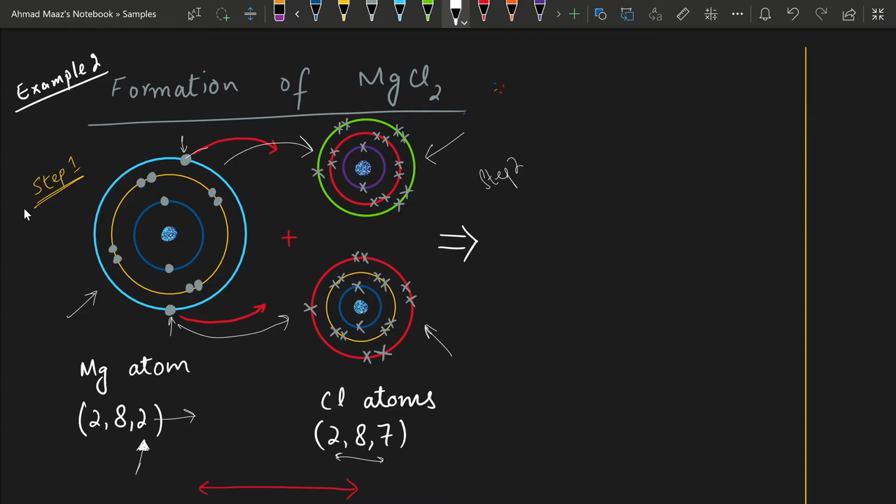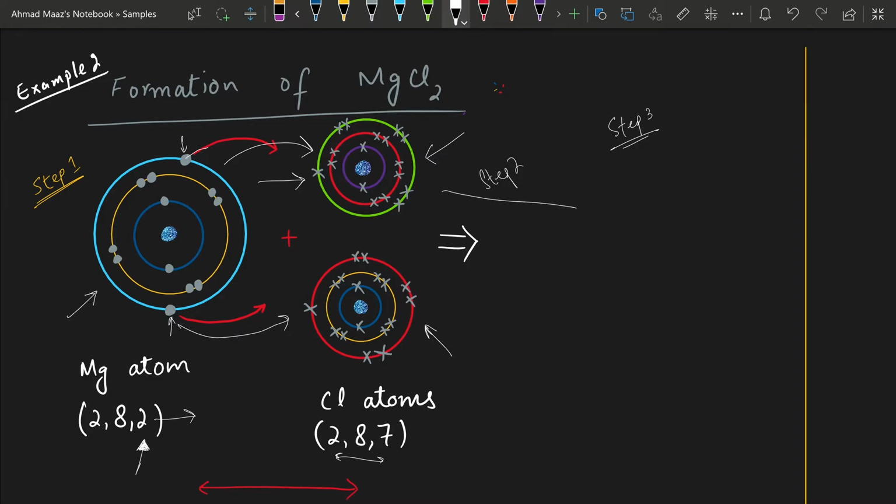One magnesium electron will come towards this one chlorine atom, and at step 3 this will become a chloride ion.